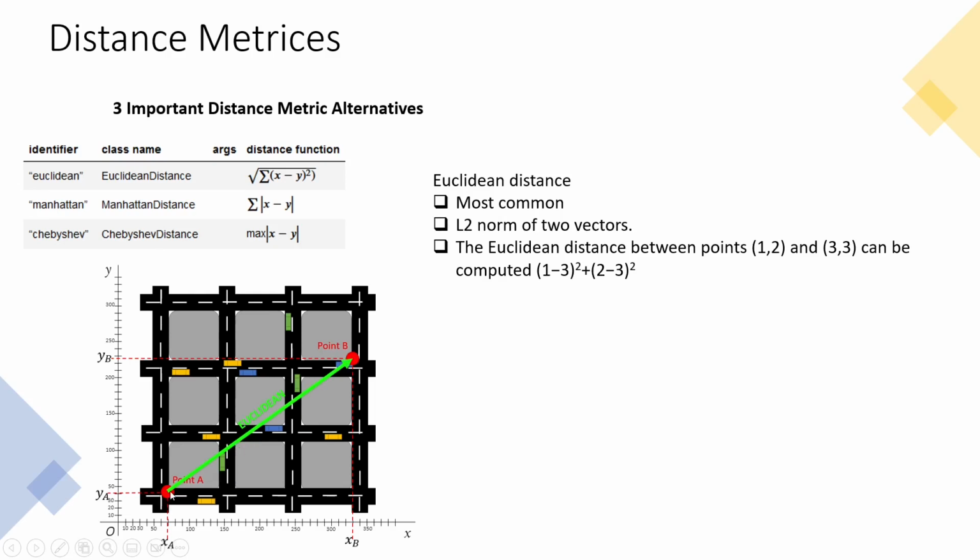But if you had a helicopter, you could just fly from point A to point B. That's why it's called flying distance. And it's basically the shortest distance between point A and point B. The Euclidean distance between points (1, 2) and (3, 3), these are the coordinates of the points, is calculated as the square root of (1 minus 3) squared plus (2 minus 3) squared.